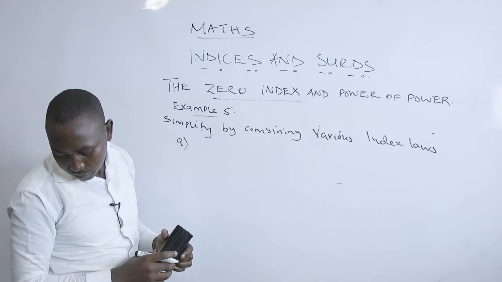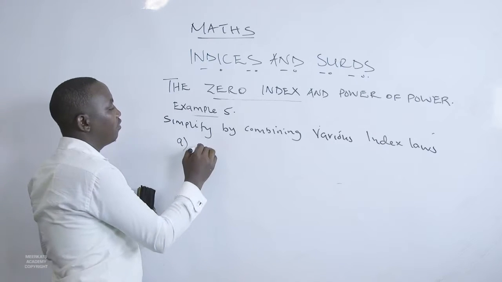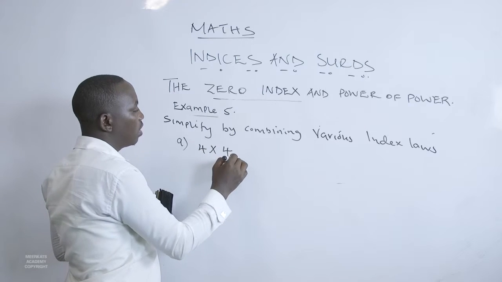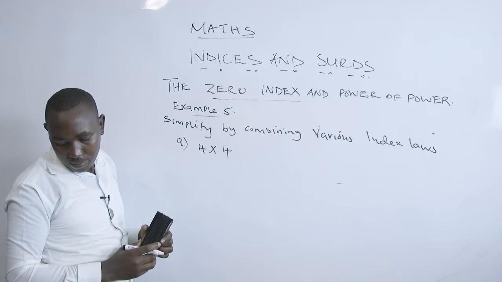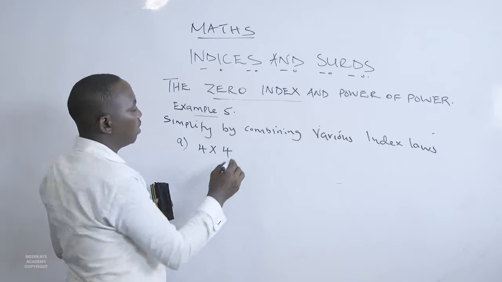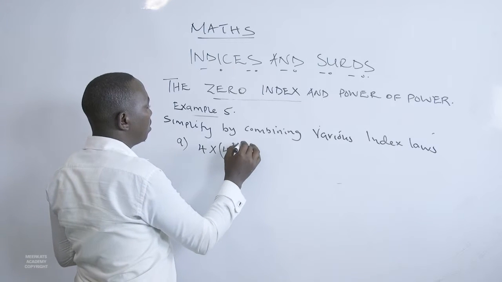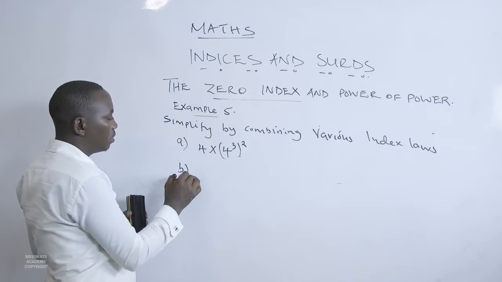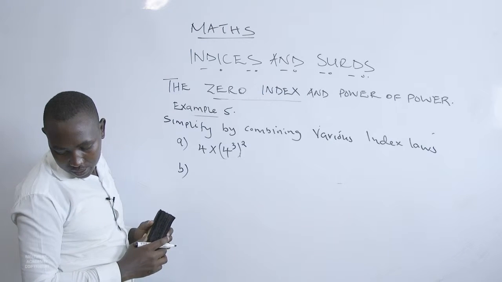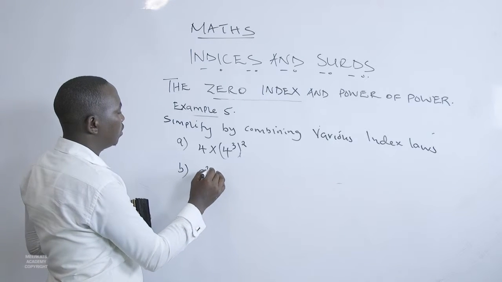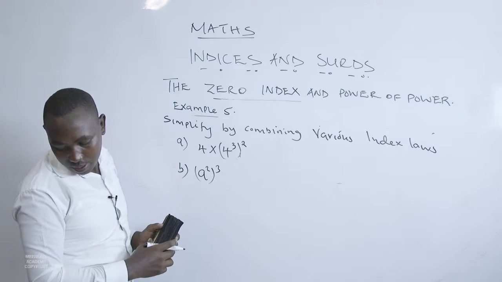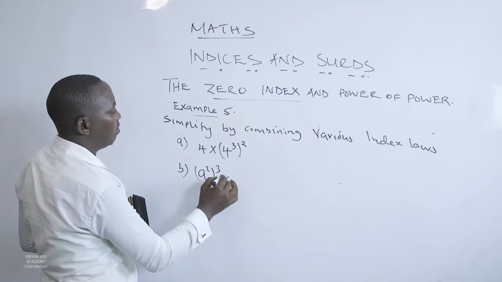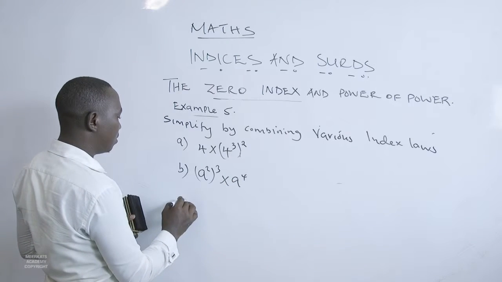Number 1, we have 4 by 4 raised to 2. Part B, a squared multiplied by 3 multiplied by a raised to 4.